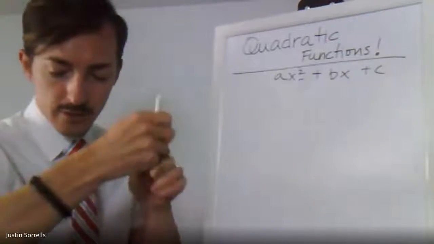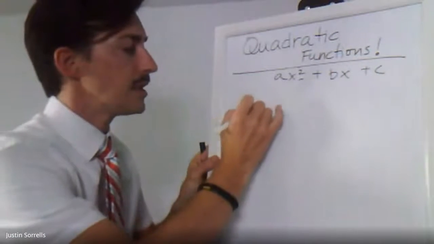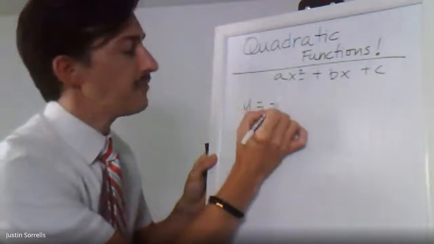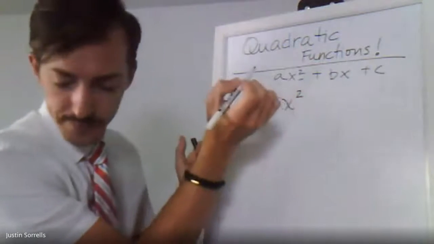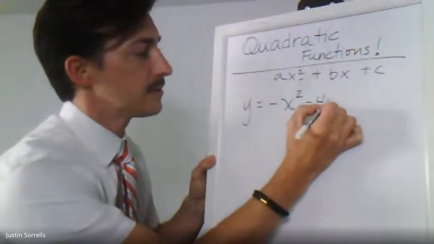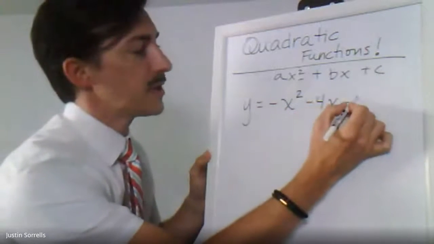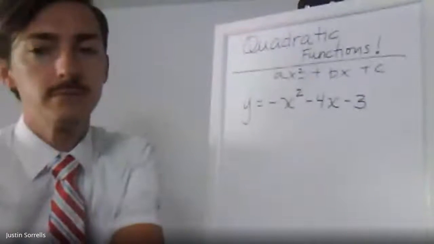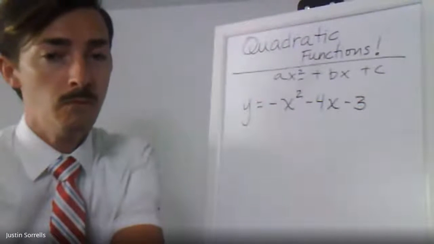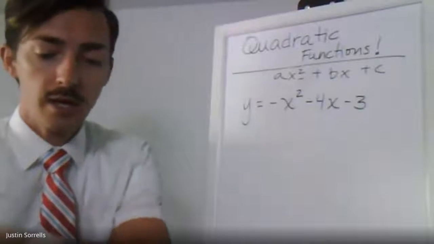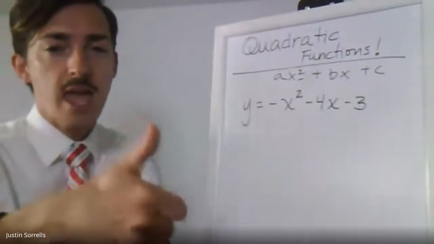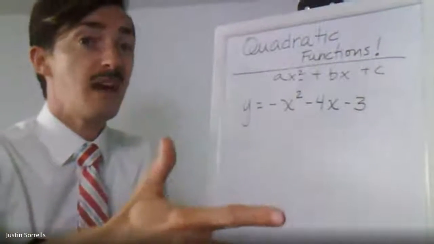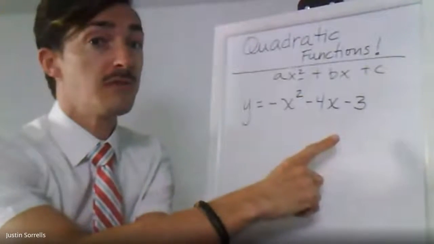We have y equals negative x squared minus 4x minus 3. Okay? I'll give you a moment. All right, let's identify the a, the b, and the c value from the standard form of our quadratic.